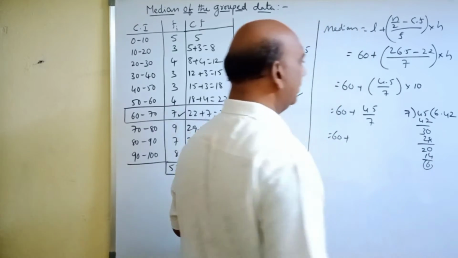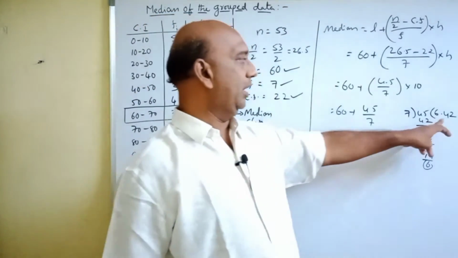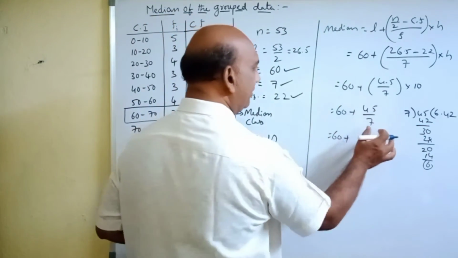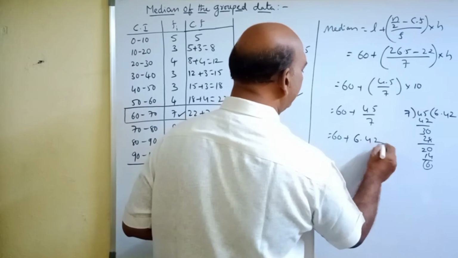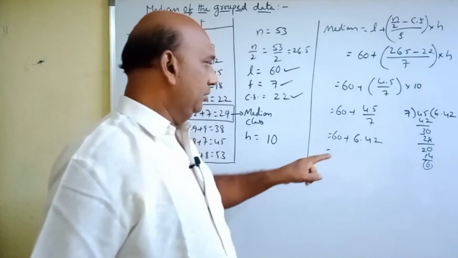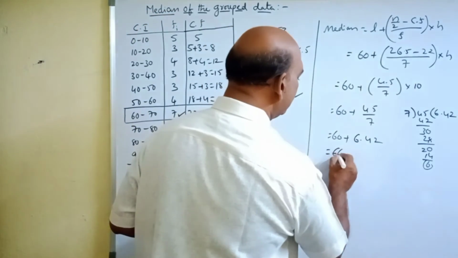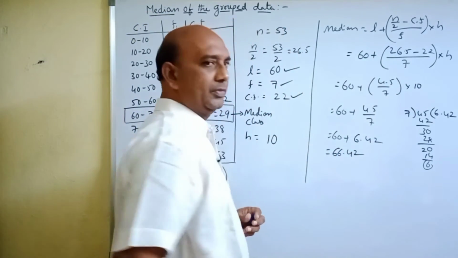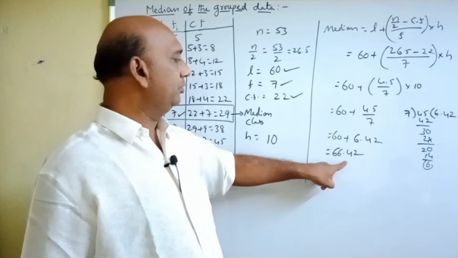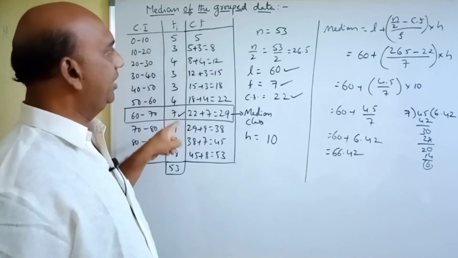That's enough; after the point, 2 digits are enough. So, 45 by 7 is 6.42, and 60 plus 6.42 is 66.42. So, 66.42 is the median of this given data.